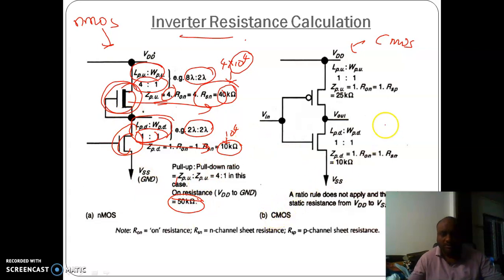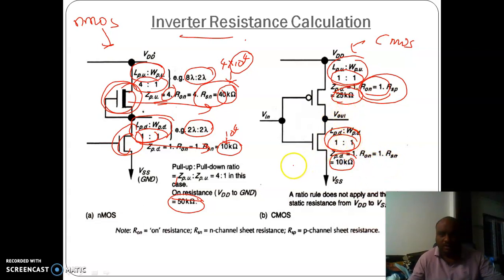Whereas in the CMOS inverter, as we have learned, the aspect ratio is always 1:1. So the length to width ratio of pull up is 1:1 and the length to width ratio of pull down is 1:1. In this case ZPU is 1. So R on is treated as 1 into the sheet resistance of PMOS, that is 25 kilo ohms according to our typical values table, and the pull down is 10 power 4, that is 10 kilo ohm.